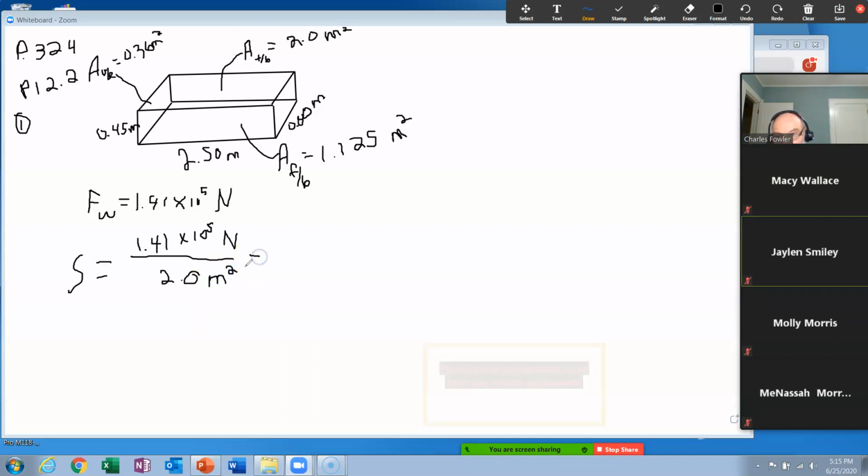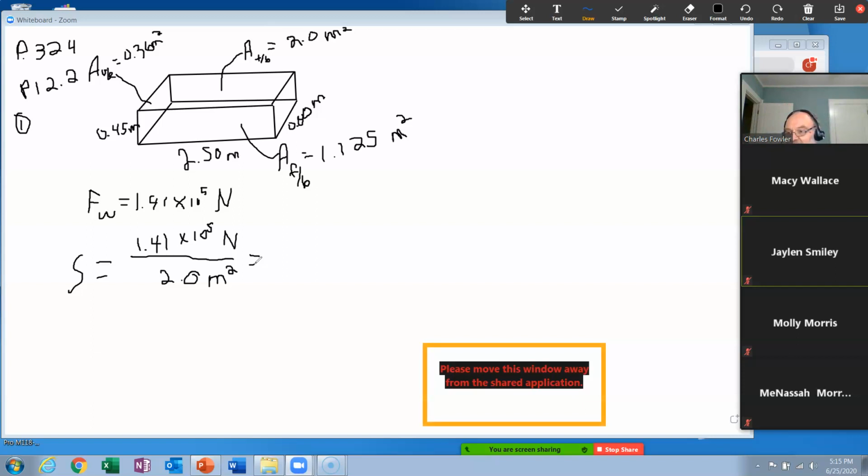And let's see what that gives us. 1.41 times 10 to the 5th. So I'm going to have to turn my calculator or my phone to the side now to get scientific notation. So that's 1.411. Okay. Now, scientific notation is the EE key, somewhere right around there.